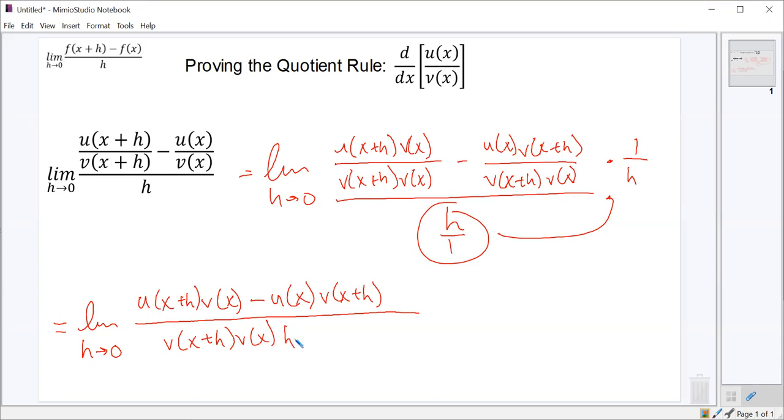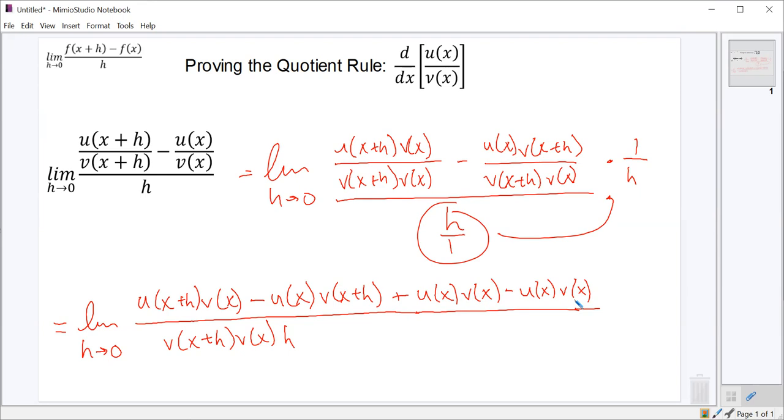And similarly to when we did the product rule, we're going to have to add some terms and subtract those same terms from our numerator. In this case, the terms that work are u of x, v of x. So we'll add that and subtract that from our numerator.